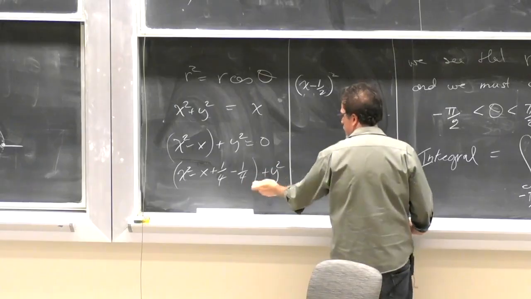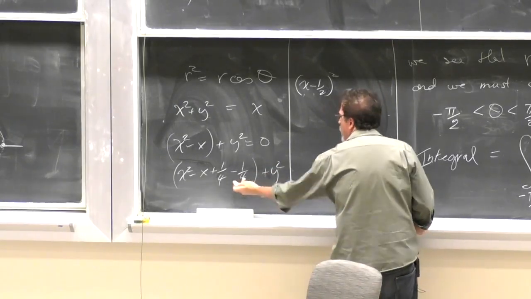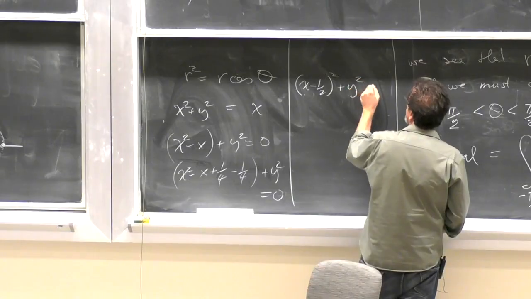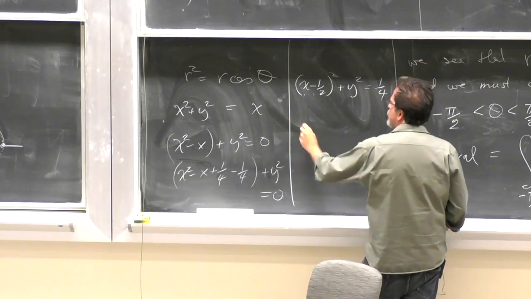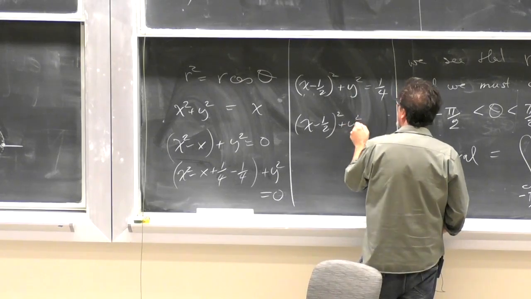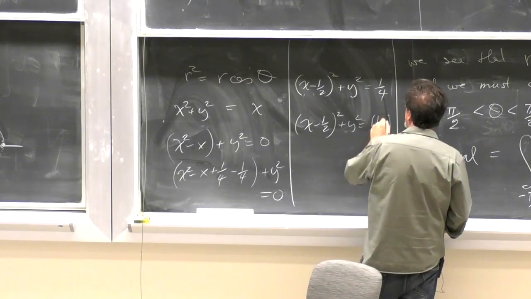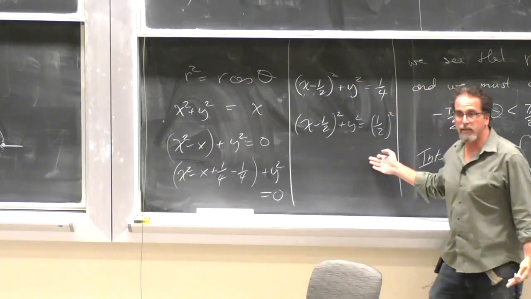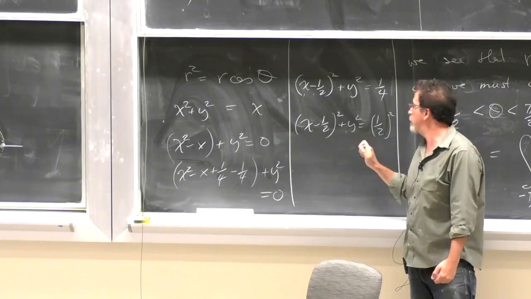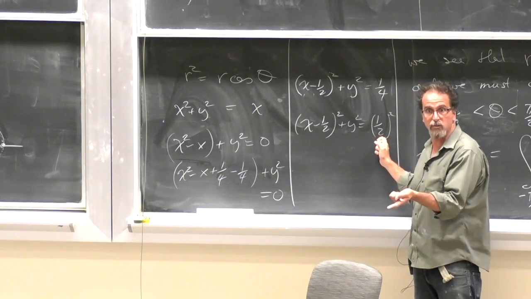And then, sorry, this is equal to 0. And I bring the 1/4 over. And so this is x minus 1/2 quantity squared plus y squared equals 1/2 quantity squared. And now you can see that this is a circle centered at x equals 1/2, y equals 0 of radius 1/2. That's why it goes through the origin. Okay?